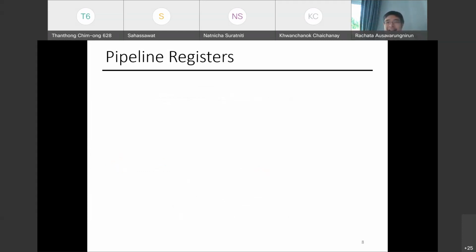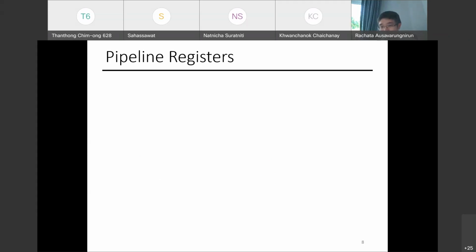So these intermediate values that store things the programmer doesn't see are called pipeline registers. Simple as that. What does a register do? As we all know, it stores data, right? Store temp things, any temporary data.